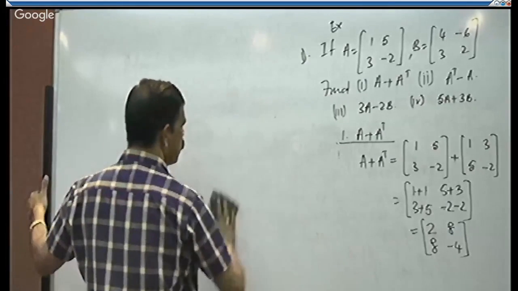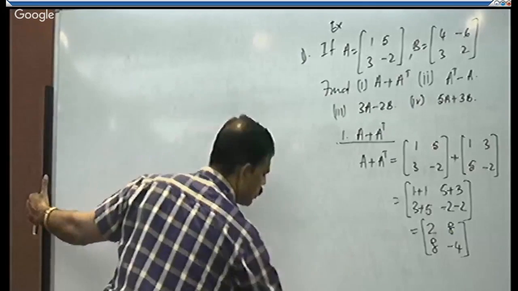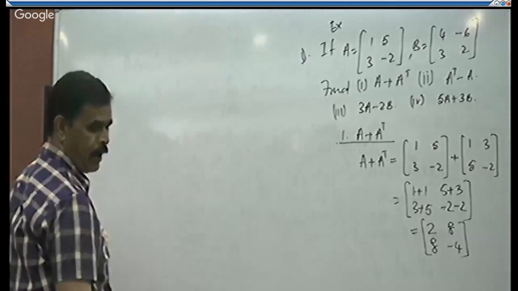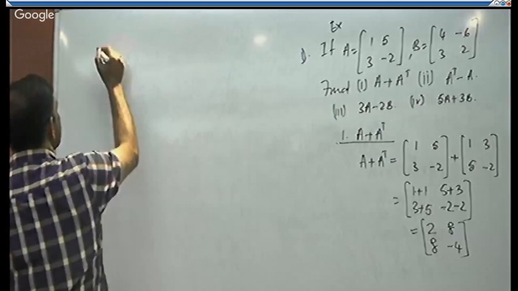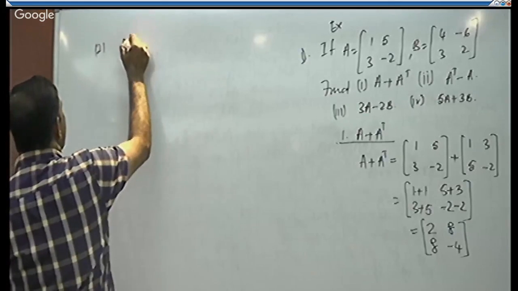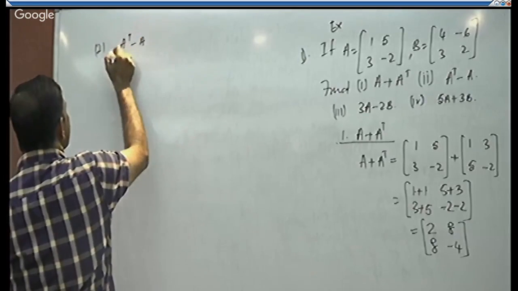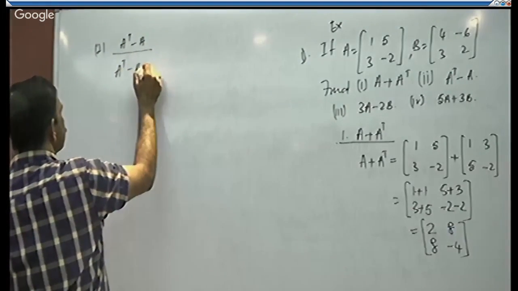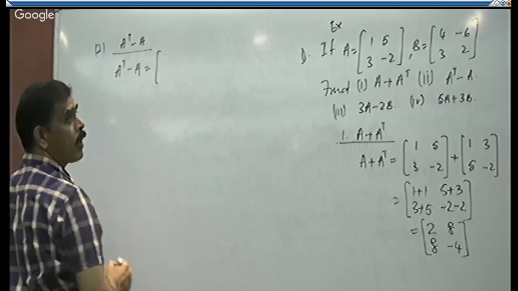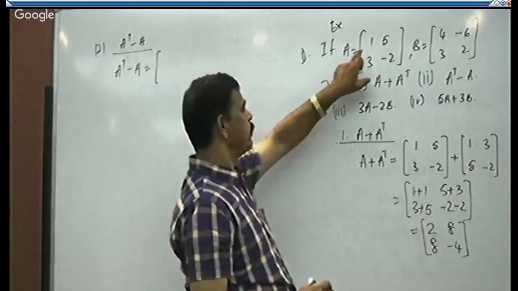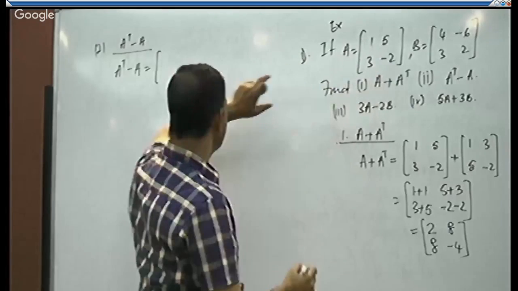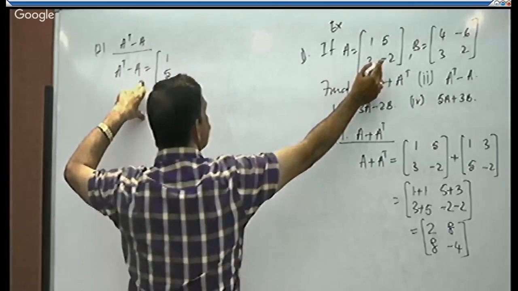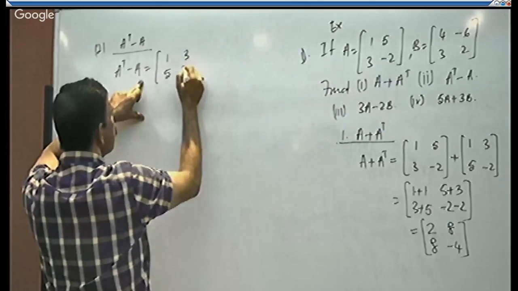What is the second expression we need to calculate? A transpose minus A, right? Second one, A transpose minus A, we have to calculate. What is A transpose? Change the rows into columns. 1, 5 is the first row, that is made as the first column. 3, minus 2 is the second row, which is made as the second column.